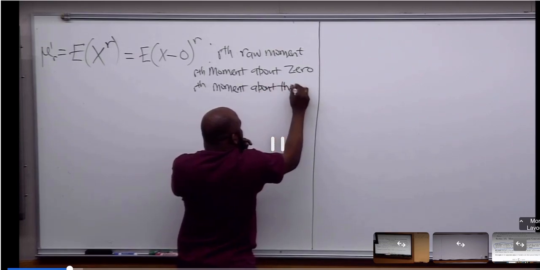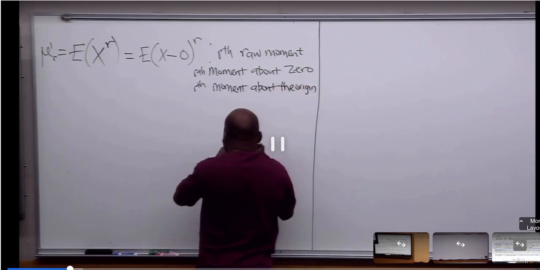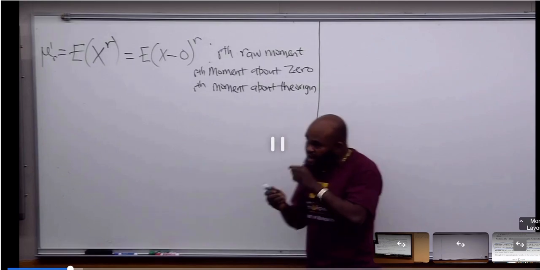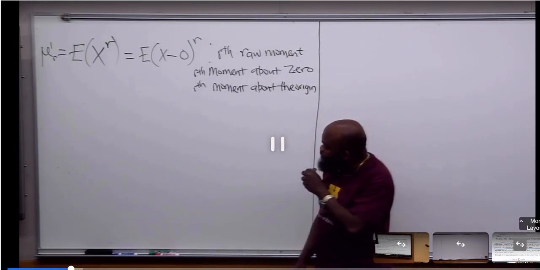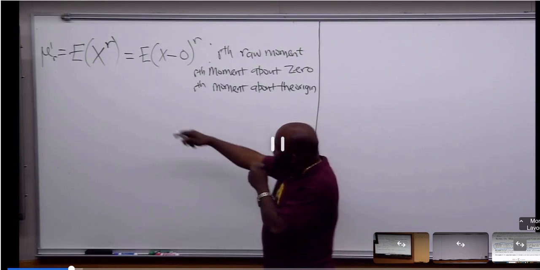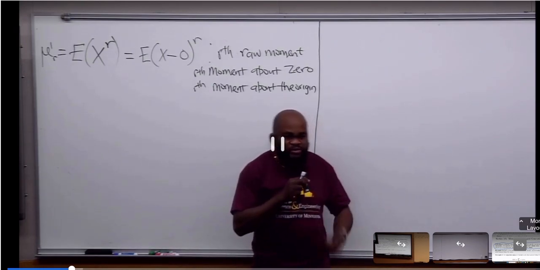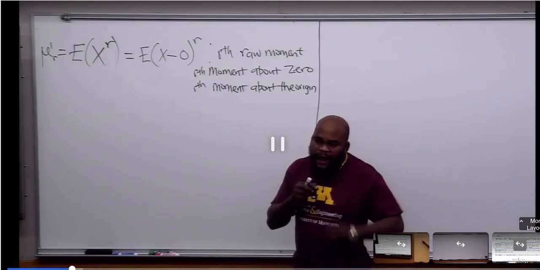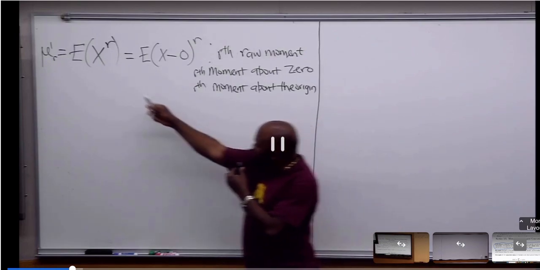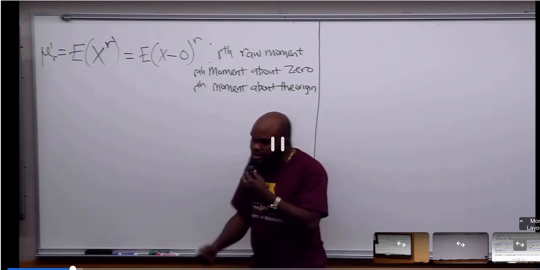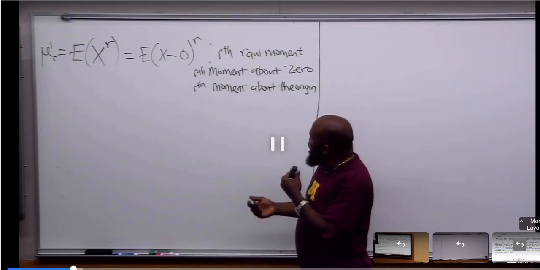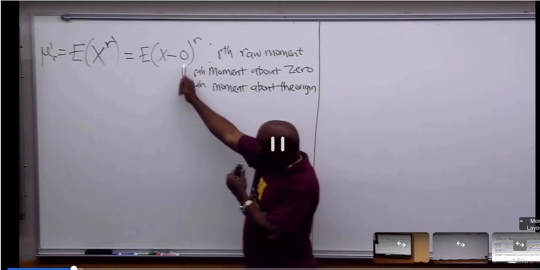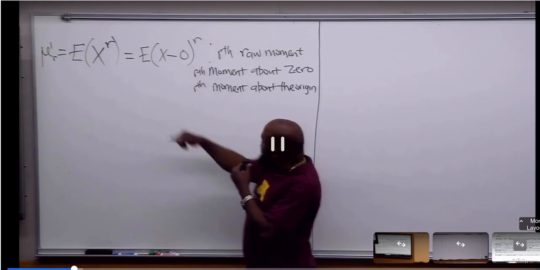Please, I need you to pay attention to this particular formula: the expectation of a random variable raised to power r. This is the same thing as this. We call this the rth raw moment, or the rth moment about zero, or the rth moment about the origin.